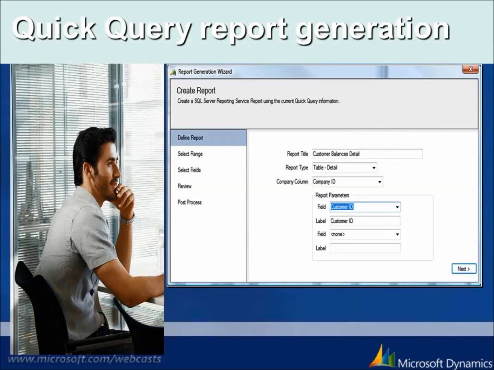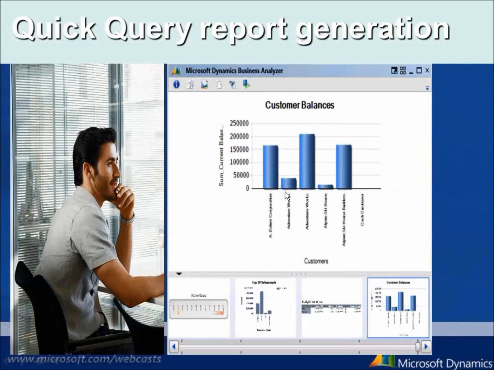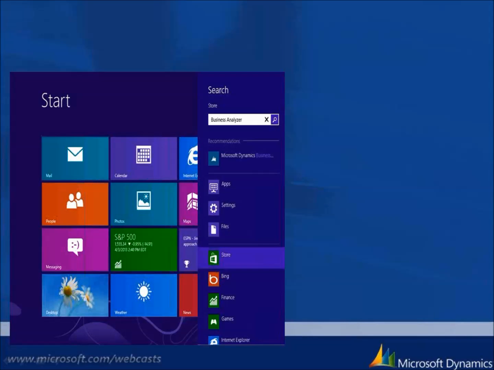And once I build all those items, the big benefit is that at the end I can take that Quick Query report and turn it into an actual report that's viewed and displayed inside the Business Analyzer. So very, very cool abilities. If you haven't seen that yet, I definitely recommend you take a look at that.